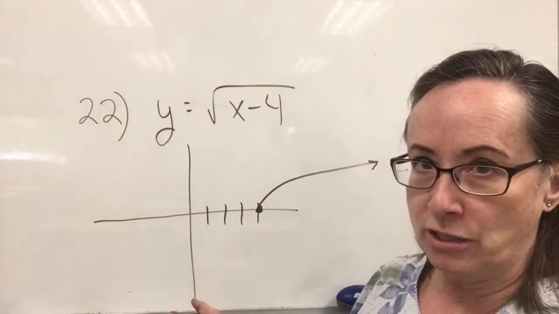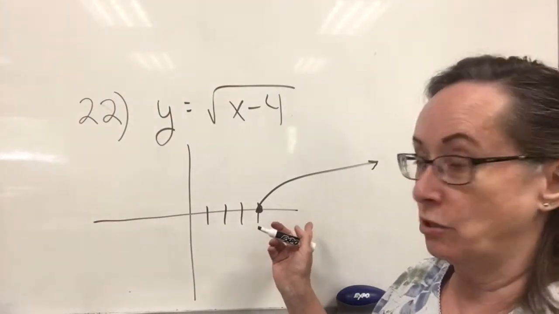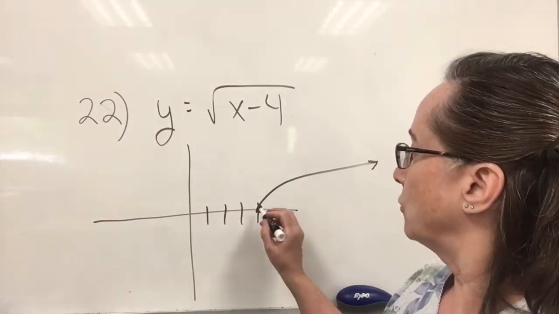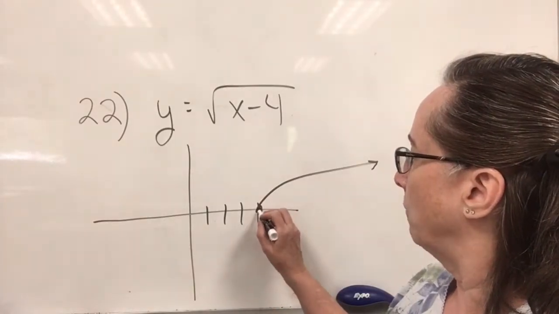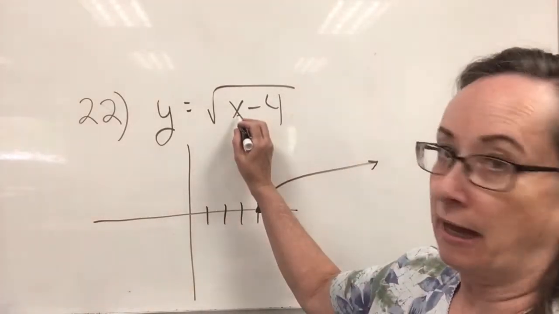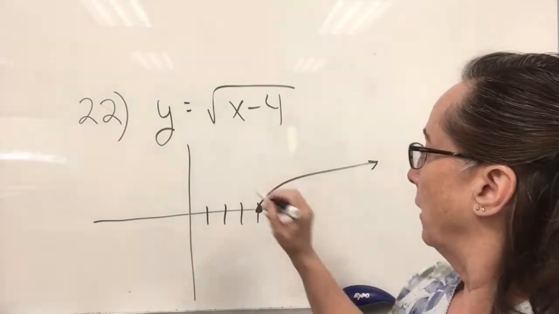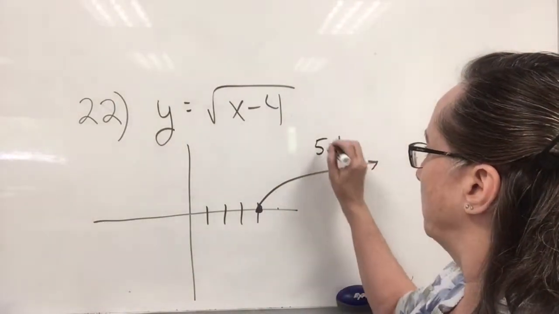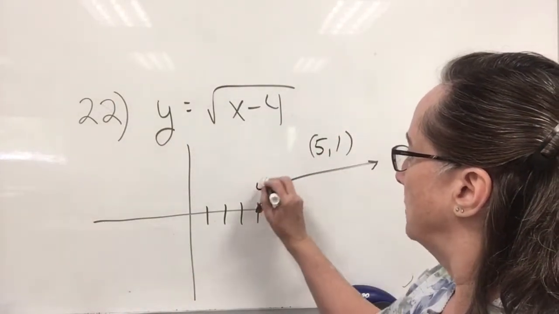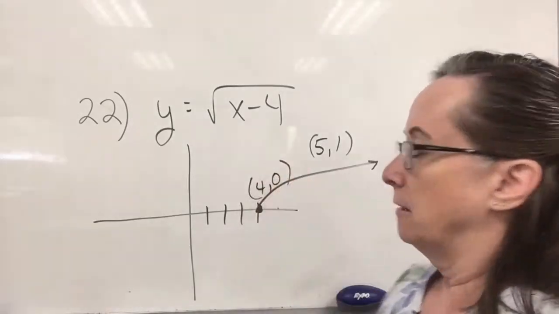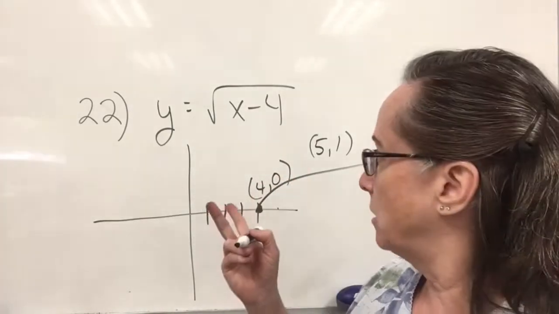Its inverse, and this is a one-to-one function, so it should have an inverse. Now remember this point right here, if I plug in a 5, I get out a 1. So 5, 1 is a point, and 4, 0 is a point. So I can use those 2 points and switch them around.